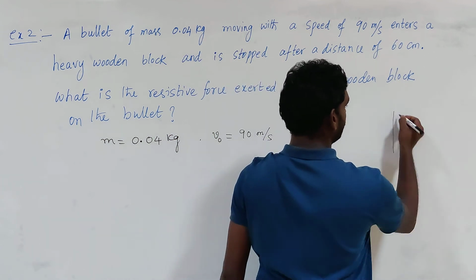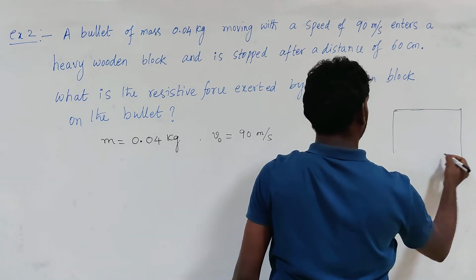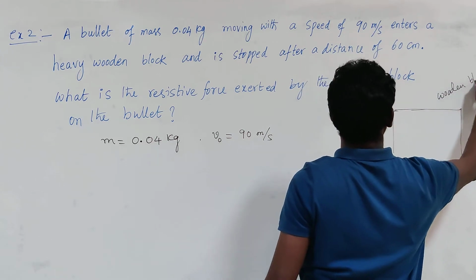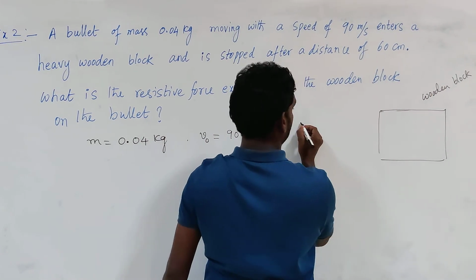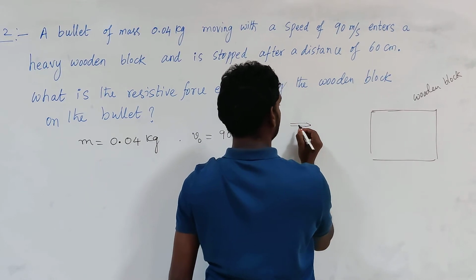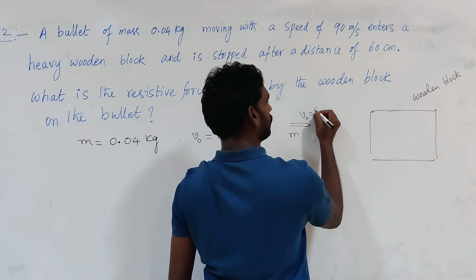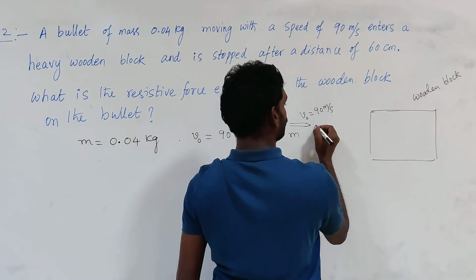Let us consider this is a large wooden block and the bullet is moving like this. The mass of the bullet is m and its initial velocity is 90 meters per second.